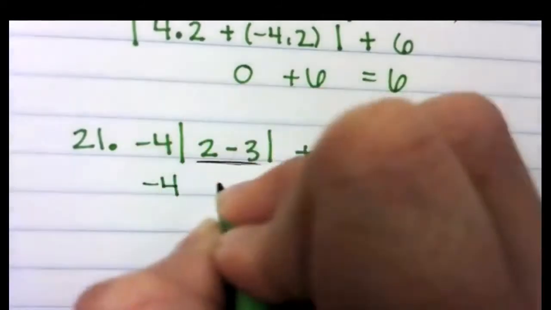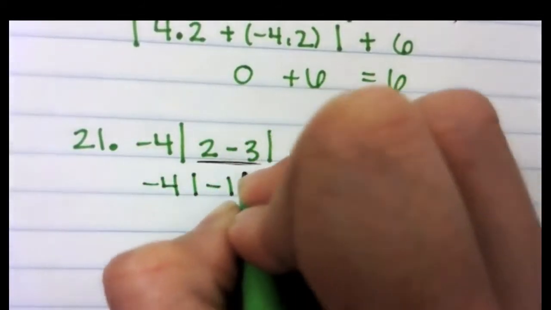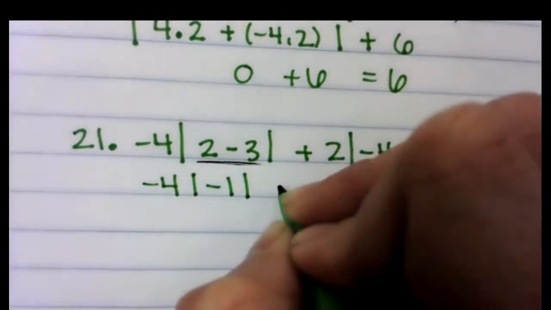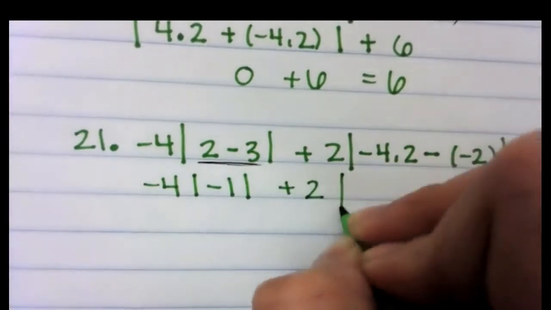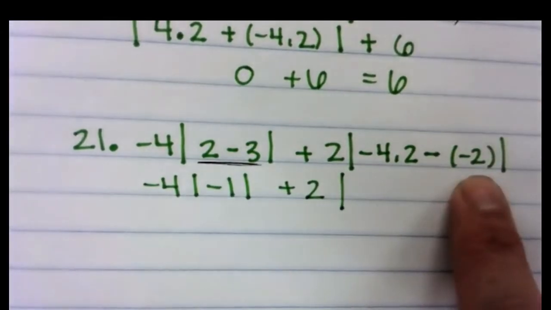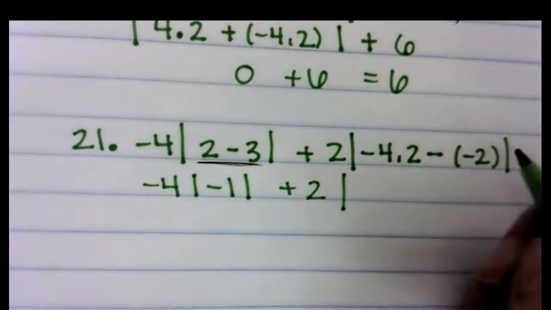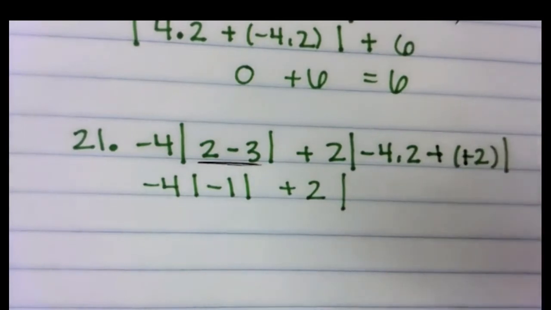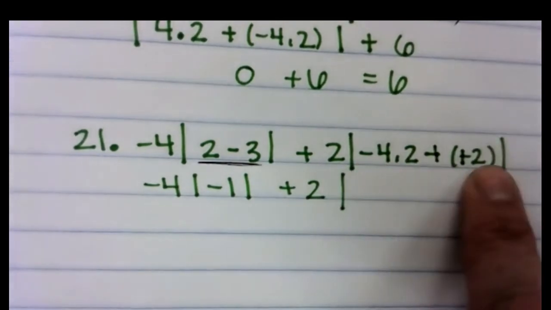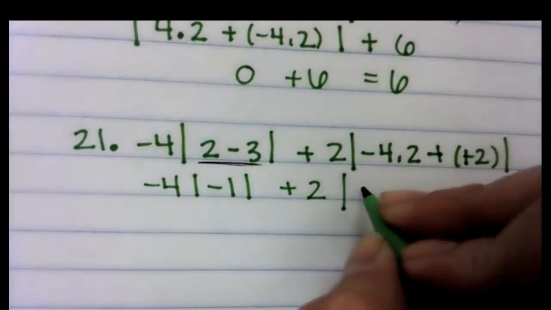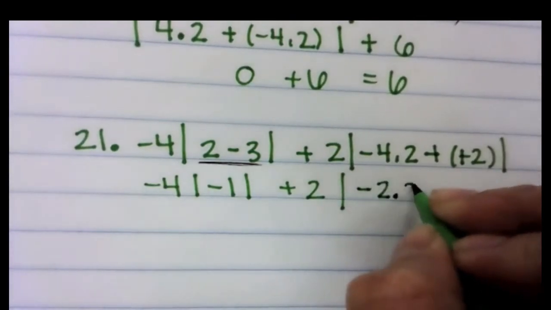Perfect. So you have negative 4 absolute value negative 1 plus 2. What's negative 4.2? What do you know happens to a minus a minus? Positives. So negative 4.2 plus 2 is negative 2.2.